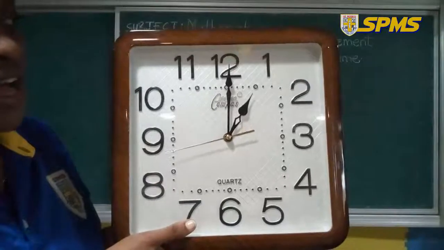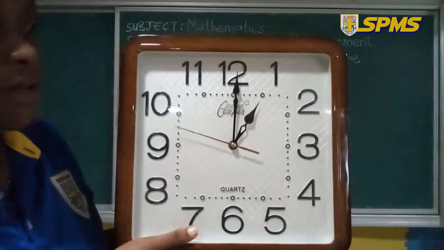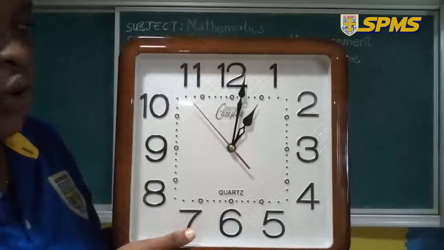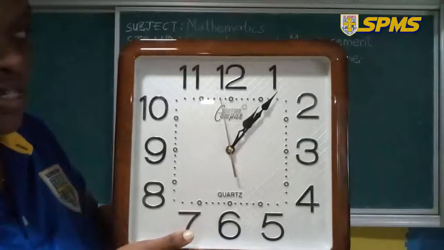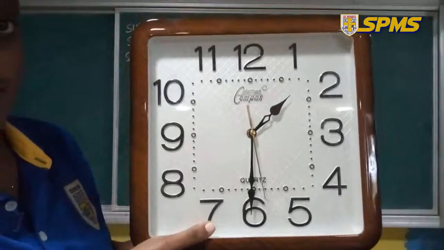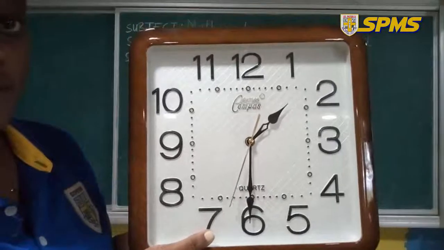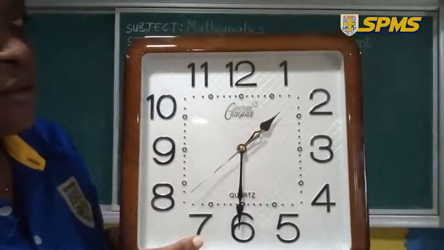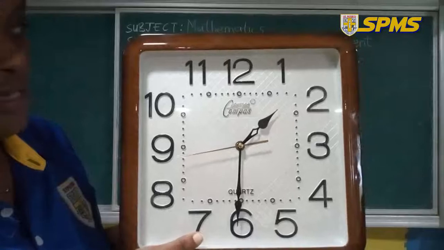Now, children, I will move the minute hand from 12 to 6 slowly in a clockwise direction, in a forward direction. We have moved from 12 to 6. So we have 30 minutes. The hour hand is still on 1 because it is not past 2.